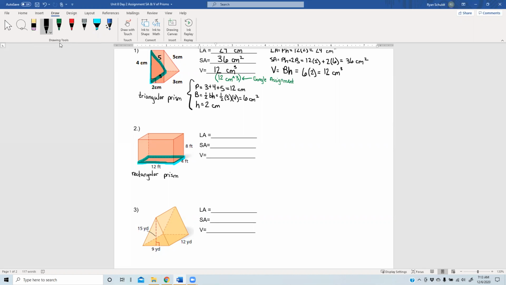Speaking of which, let's find the 3 items. We need first perimeter. So 12 plus 4 plus 12 plus 4. If I add all those up, I'll get 32 feet.